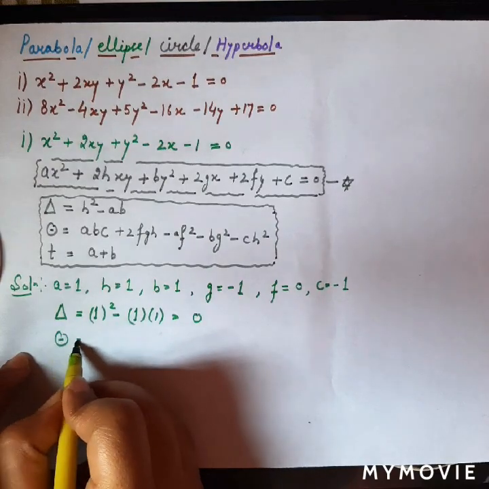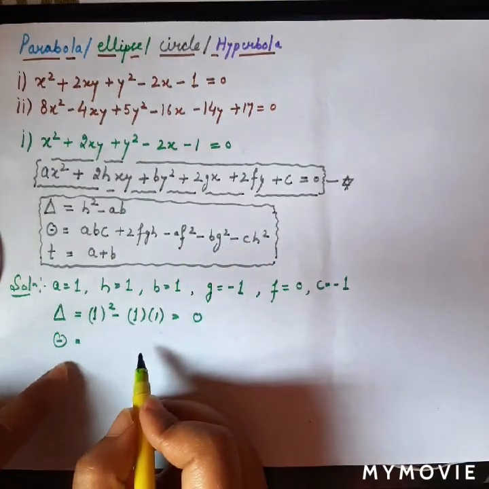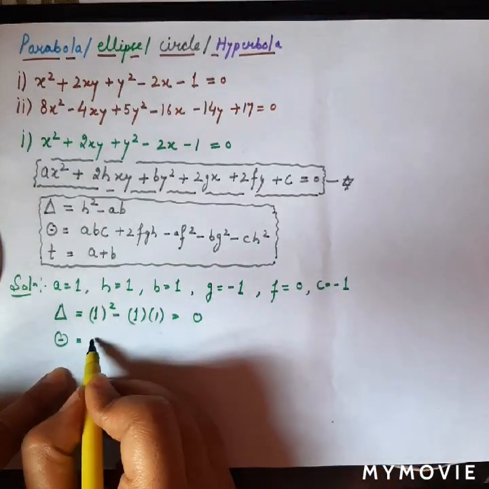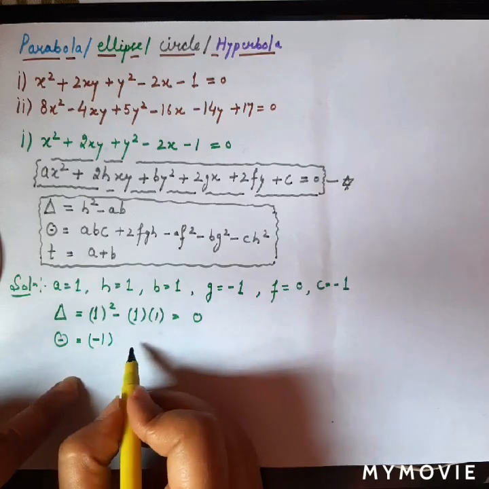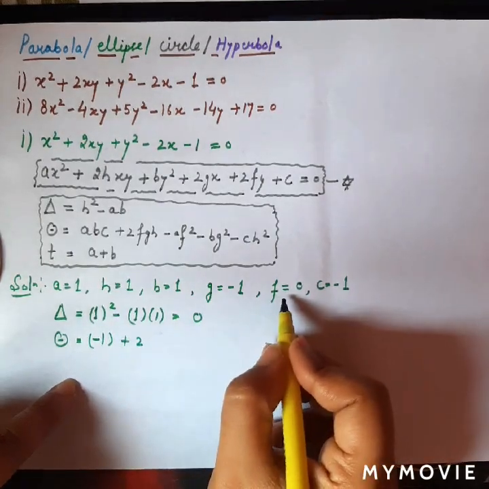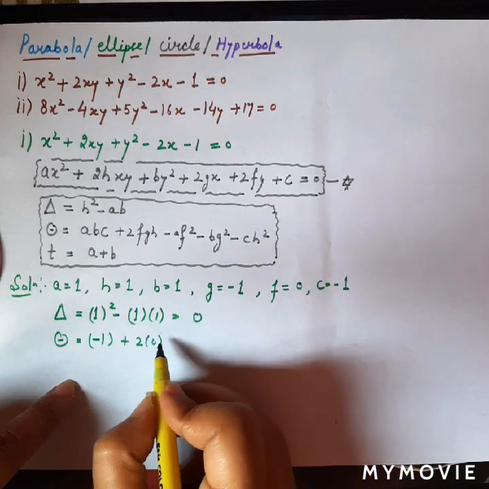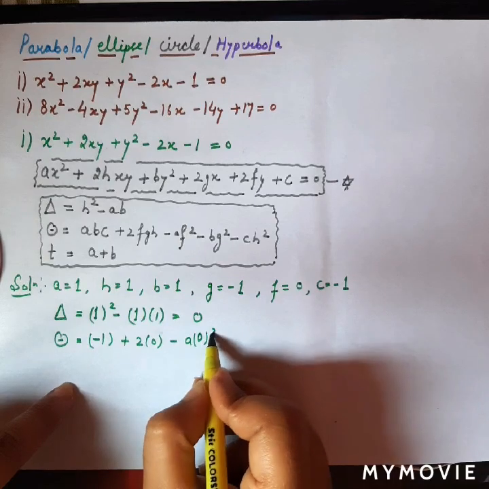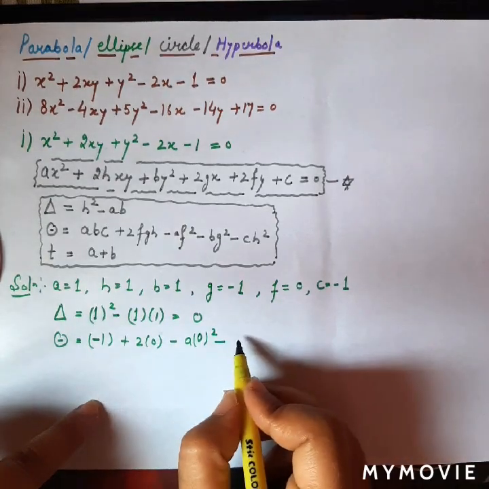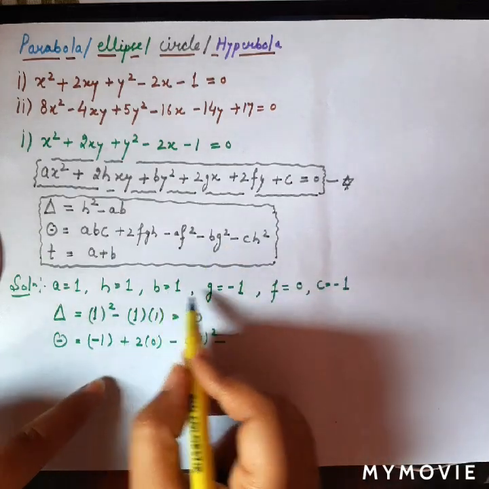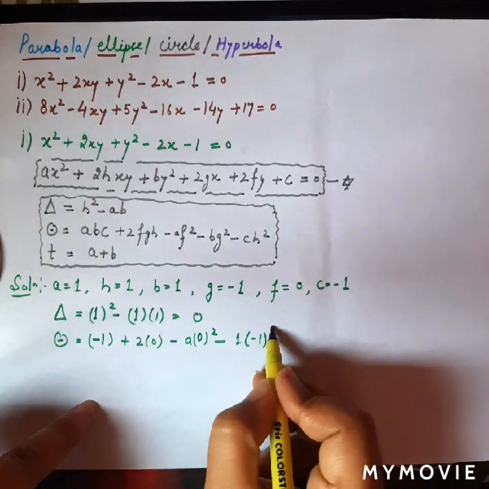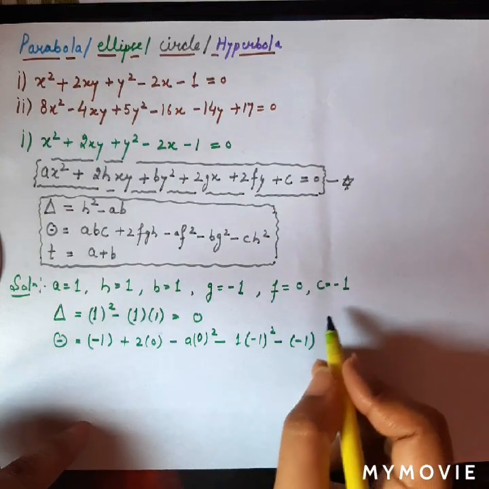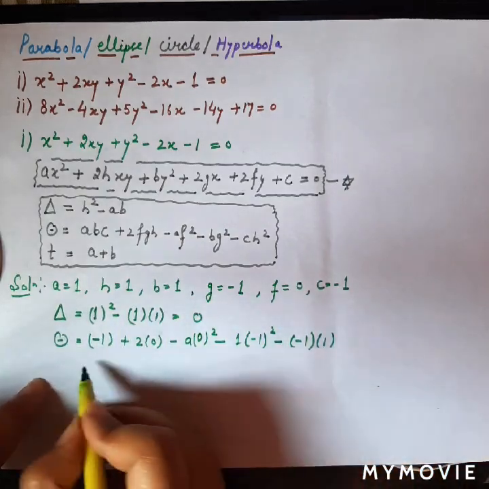And the value of phi, we will fill in all these values over here: abc, 1 into 1 into minus 1, this will be equal to minus 1, plus 2fgh, f is 0, so the whole term will be 0, minus af square, again f is 0, so again the whole term is 0, minus bg square, 1 into minus 1 square, minus ch square, which is minus 1 into 1 square, right?